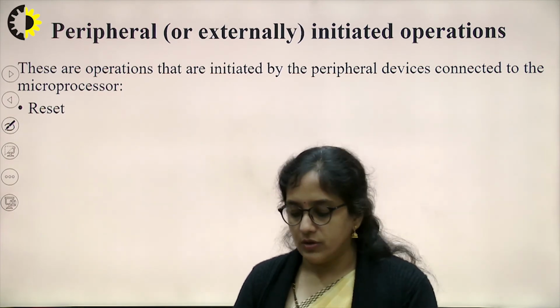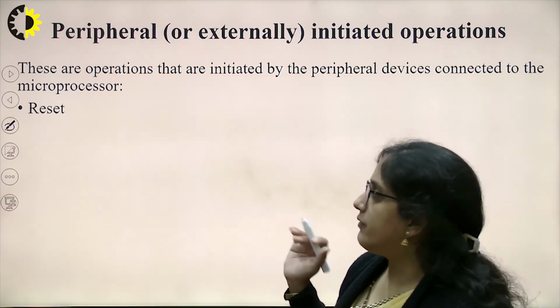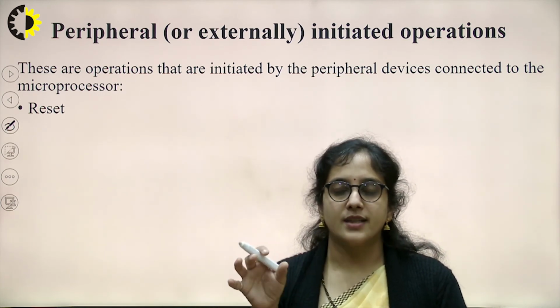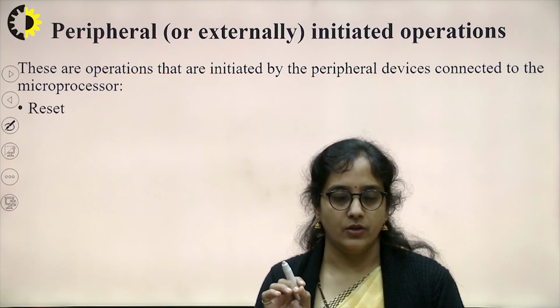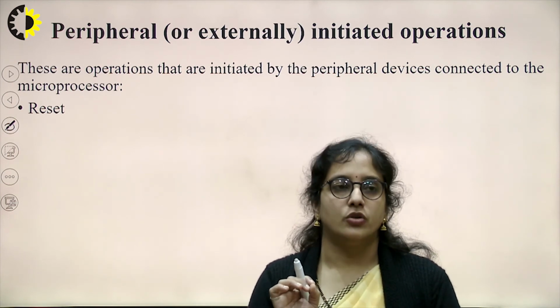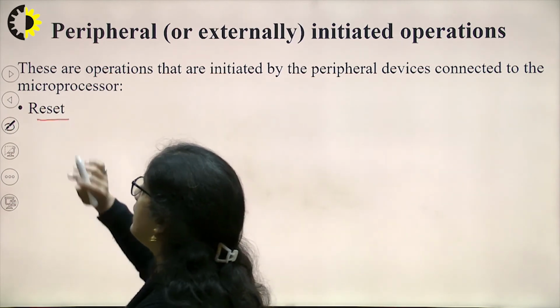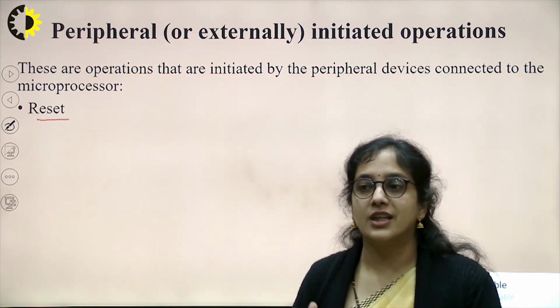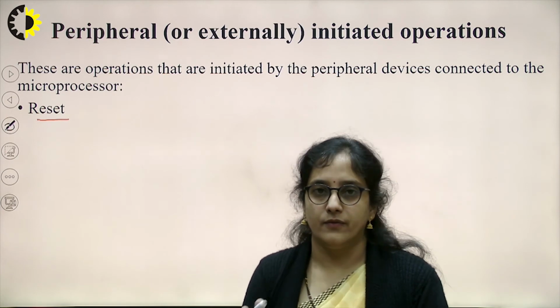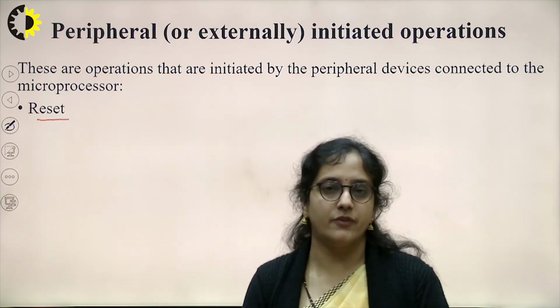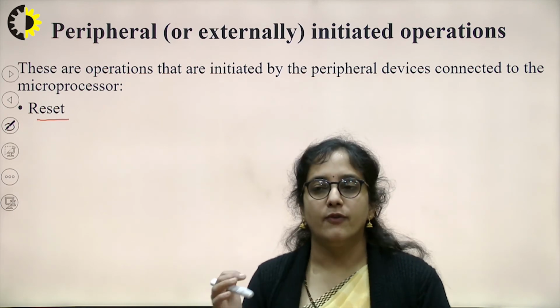Okay. So, this reset, or whatever the external initiated operation, these are present in the hardware part of your microprocessor. So, in hardware we have a reset pin available. Whenever we want to restart our system, when we find that our microprocessor or our computer is in a hanging position, our laptop is hung, we want to restart it.